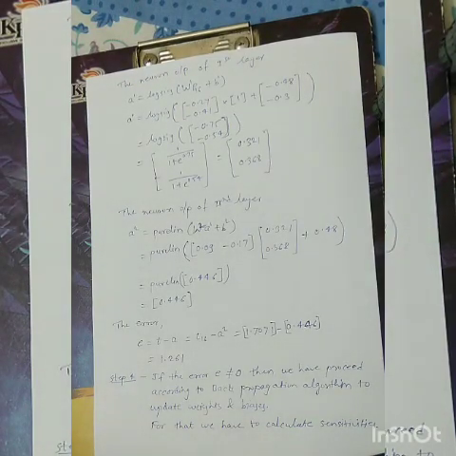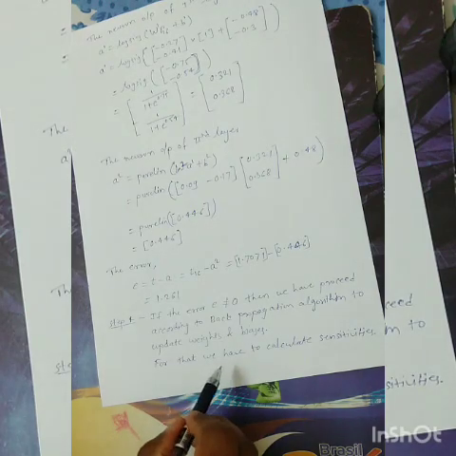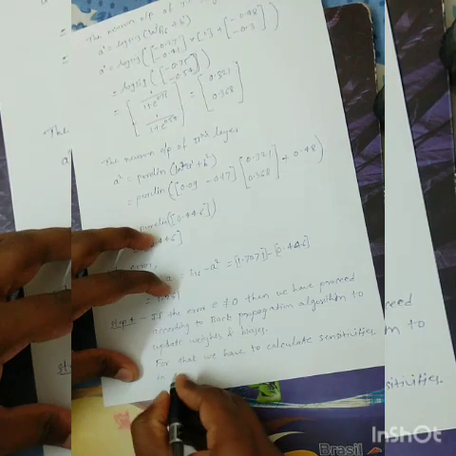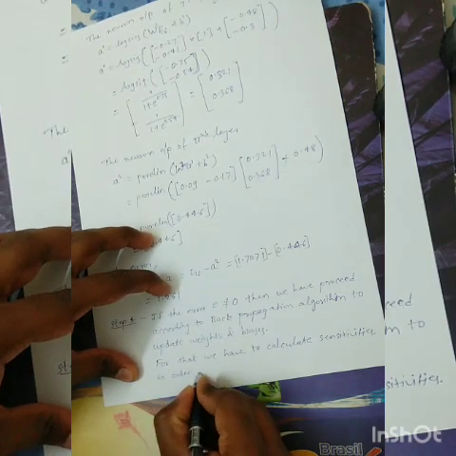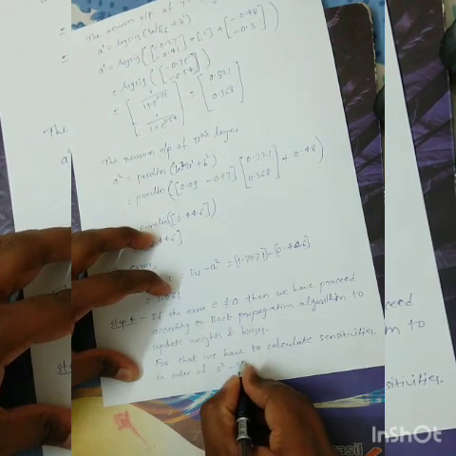That is, we first calculate the sensitivity of the second layer, then the sensitivity of the first layer. So the name back propagation algorithm. Therefore here we have to calculate sensitivities in order of S2 then S1.